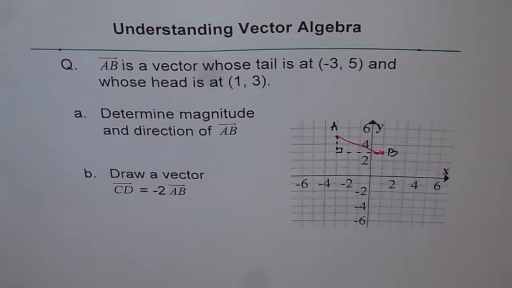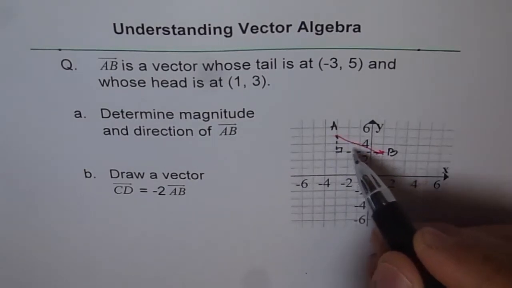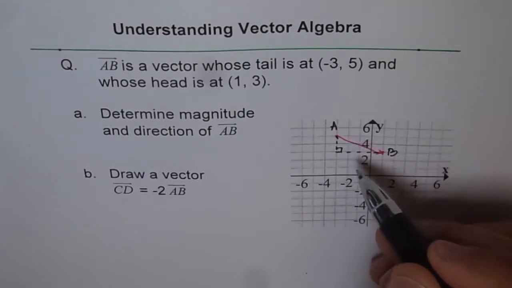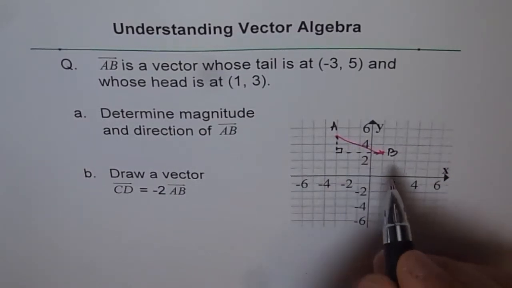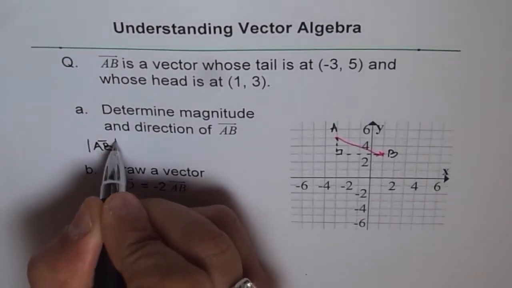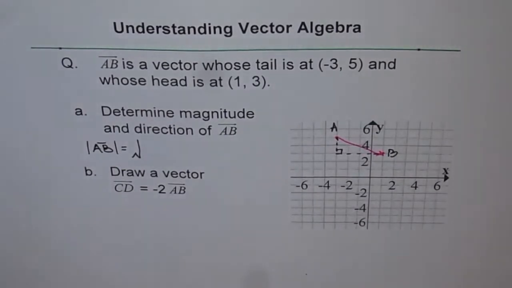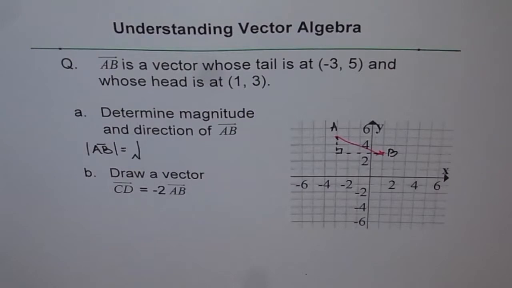So that is how you get the two sides of a right-angled triangle, and to find the magnitude, a squared plus b squared equals c squared, right? And therefore you can find the magnitude. We are basically using the Pythagorean theorem or distance formula. Treat the tail and head as two points and find the distance between them.